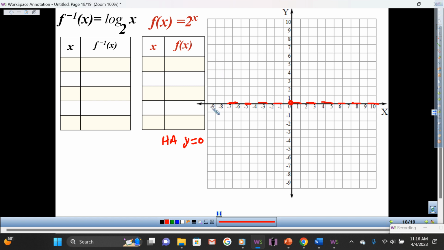All right, Diego, what points? 0, 1. 1, 2, 2, 4, and we're going to go one more. 3, 8. All right, write those in here. 0, 1, 1, 2, 2, 4, 3, 8. Plot those. And let's graph our exponential function.